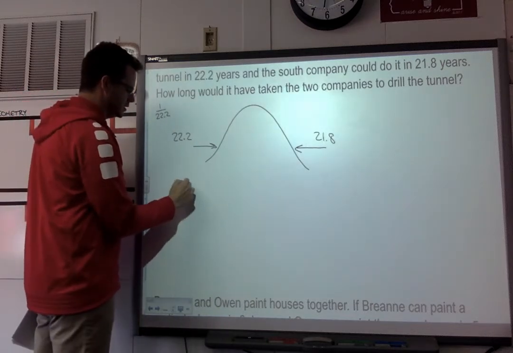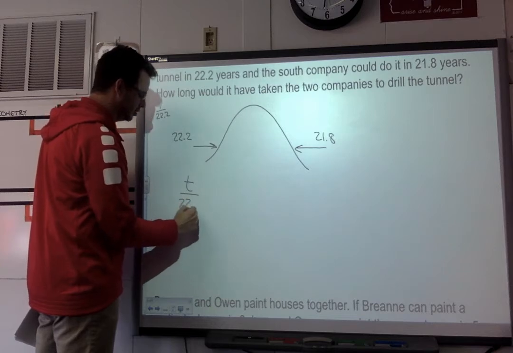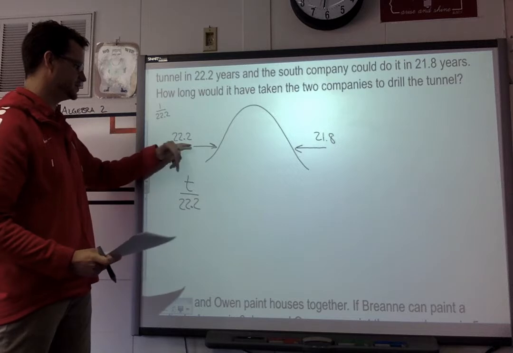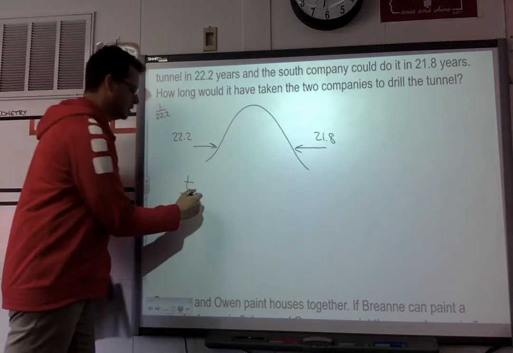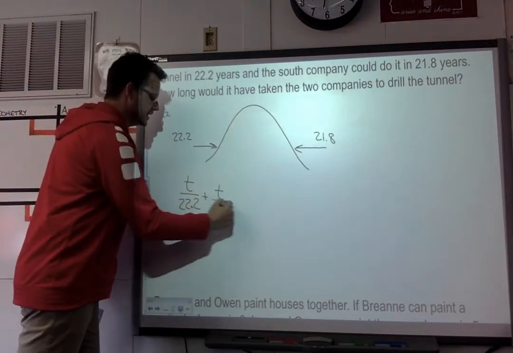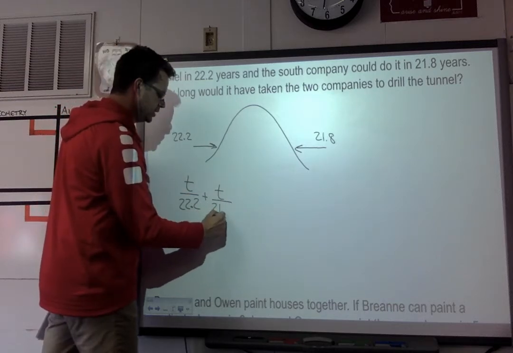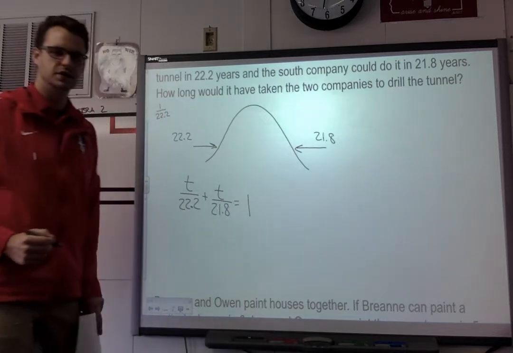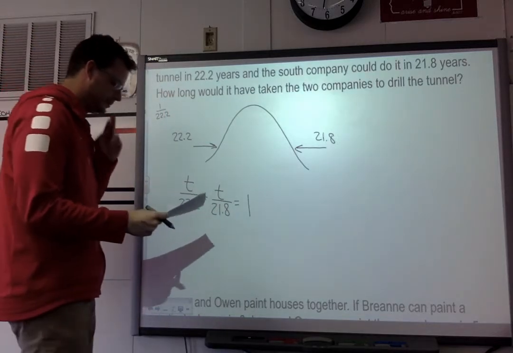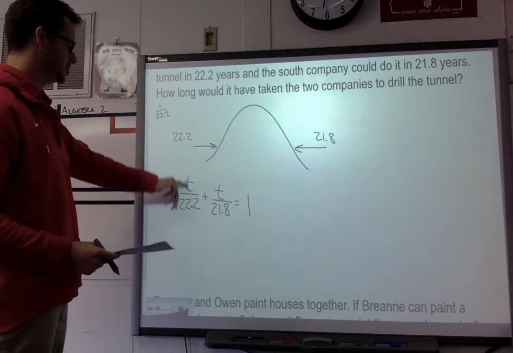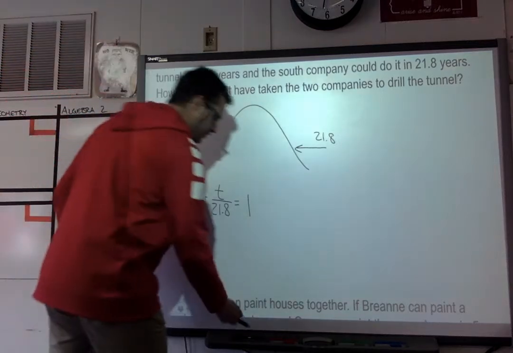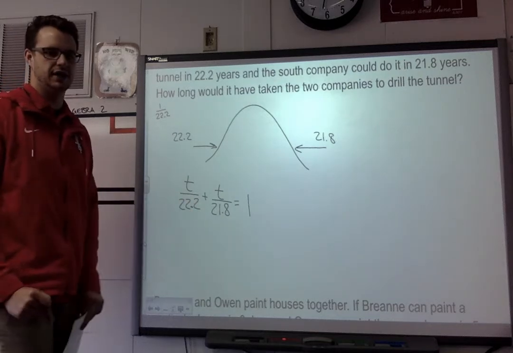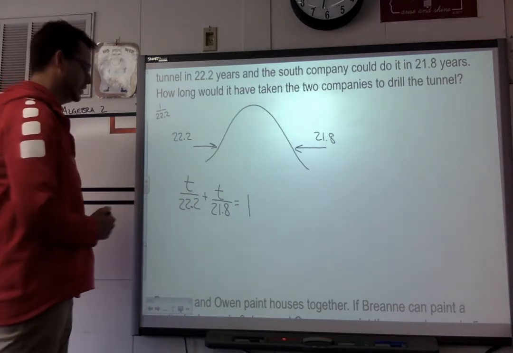So t over 22.2 will give us the fraction this company completes, plus t, the time in years, over 21.8, and it's going to be equal to the one tunnel they are drilling out. So now, just like we did on these last problems, we want to figure out how we can get rid of our denominators.